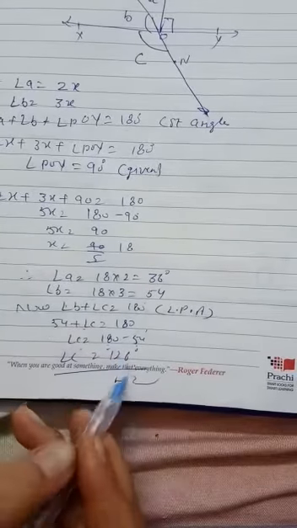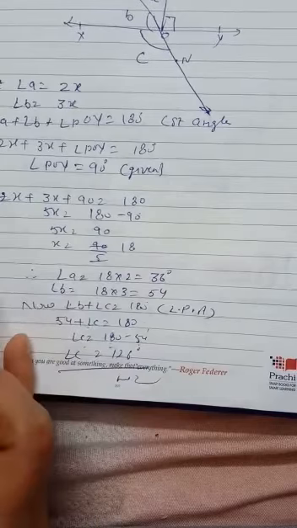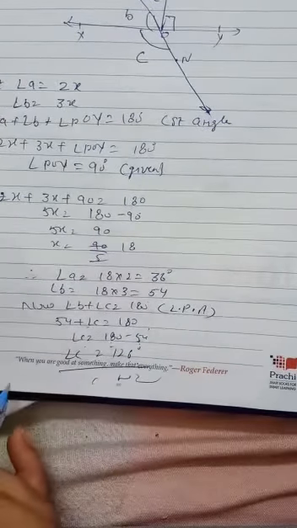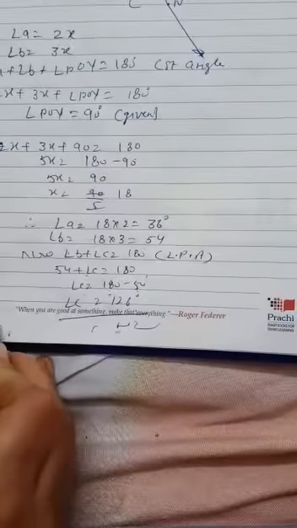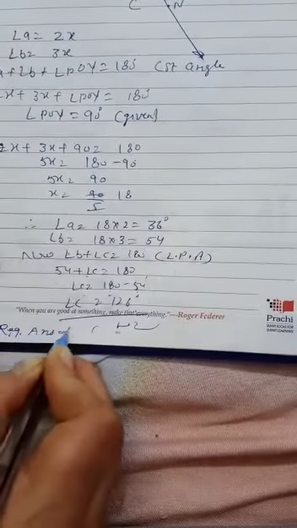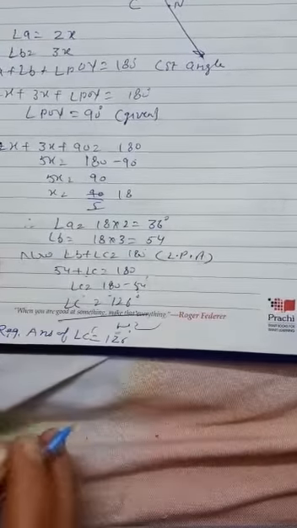So angle C is equal to 126 degrees. As the question asks to find the value of angle C, we have done up to C. At last you will write, therefore the required answer of angle C is equal to 126 degrees.